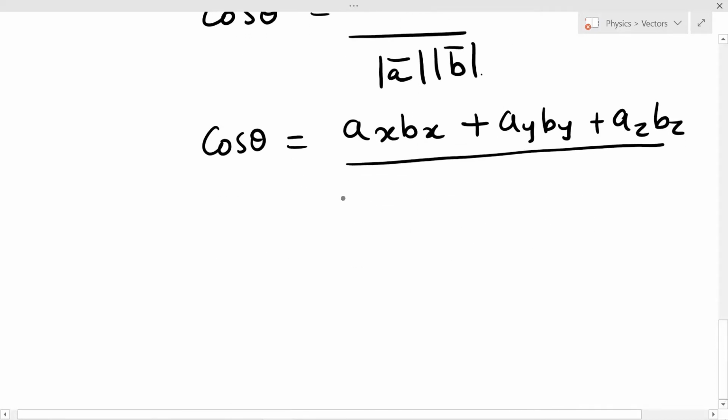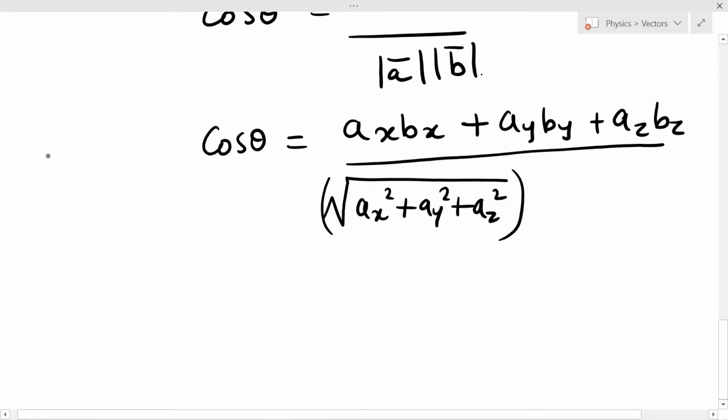Now what is modulus of a bar? Modulus of a bar is the square root of ax square plus ay square plus az square. So this is the magnitude of the vector a bar. We have seen earlier that suppose I have any vector a bar, then I can write its magnitude in terms of its components as square root of ax square plus ay square plus az square.